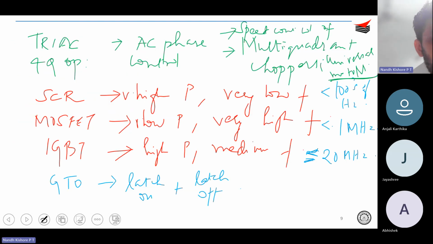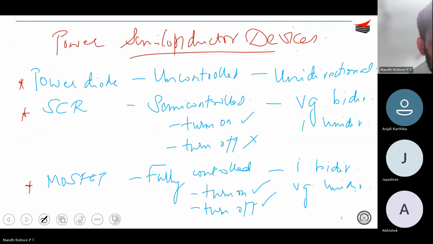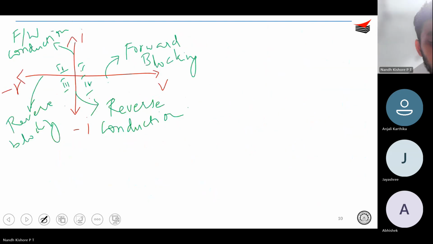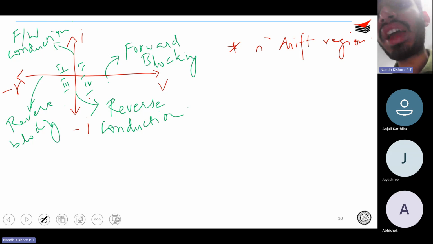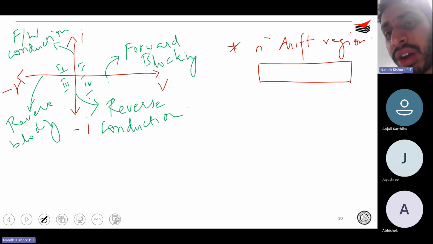So then we came across power diodes. So how are power diodes, or any power device, formed? You have what is known as an N minus drift region. This drift region gives its high voltage blocking capability. In a power diode, you have P plus, N minus, and then N plus.